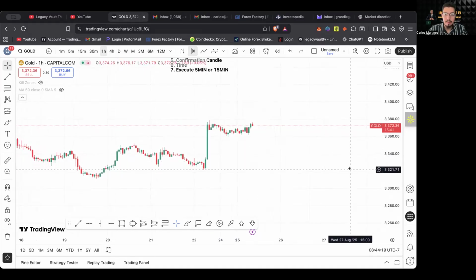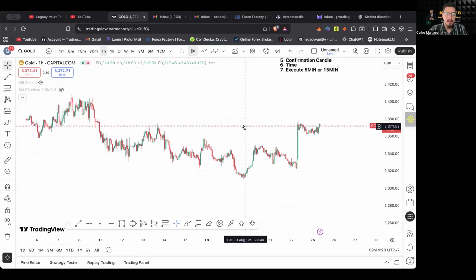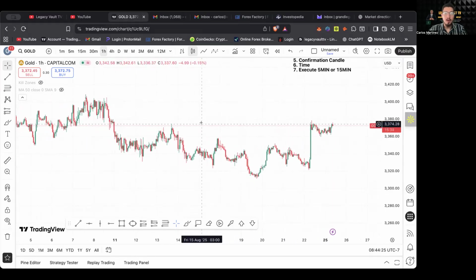Now, let's spot some supply zones. With supply zones, we can look at areas where there is high supply happening.